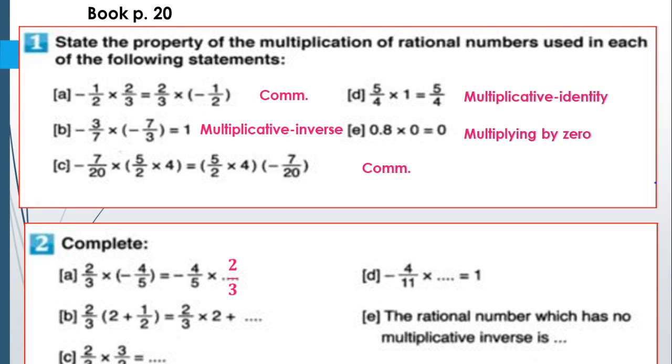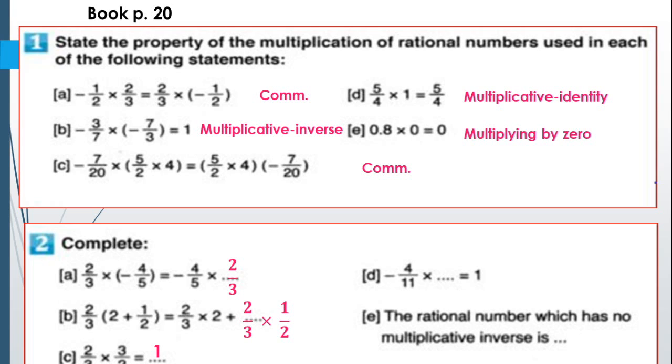We have here a multiplying sign, but we didn't write this sign, but we know this is, yes, distribution. 2 over 3 times 2 plus, we will distribute, 2 over 3 times half. 2 over 3 times 3 over 2. Number times the multiplicative inverse, the answer will be 1.